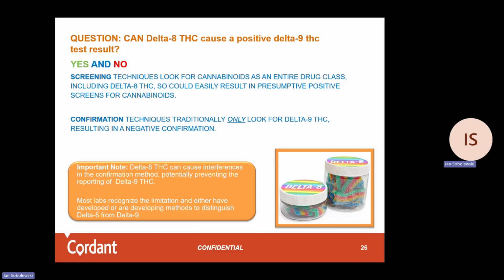What's going on there is that our lab techs are seeing that there is something there, so we can't call it negative, but it's not lining up exactly with delta 9, so we can't call it positive. We have a test called a cannabinoid test now that tests for delta 8, delta 9, and CBD. So if you're getting that test result, I would encourage people to order that cannabinoid panel.